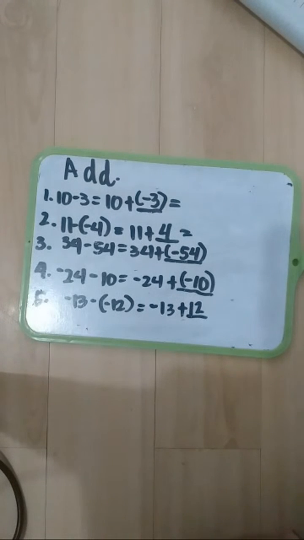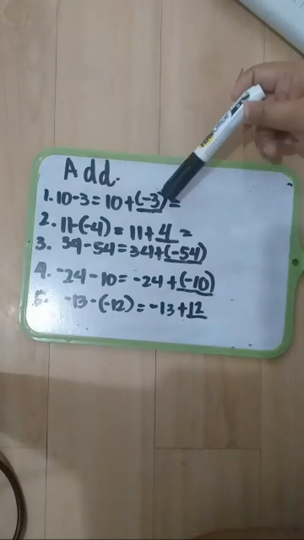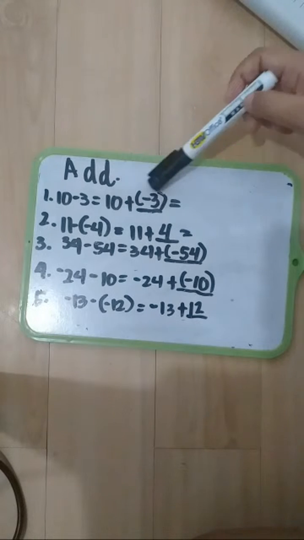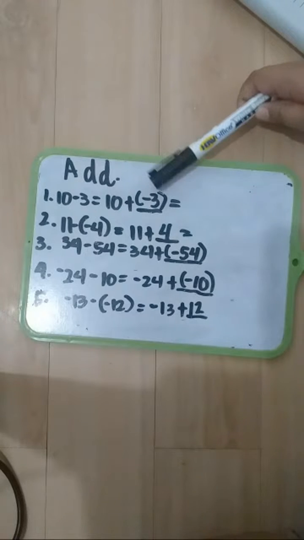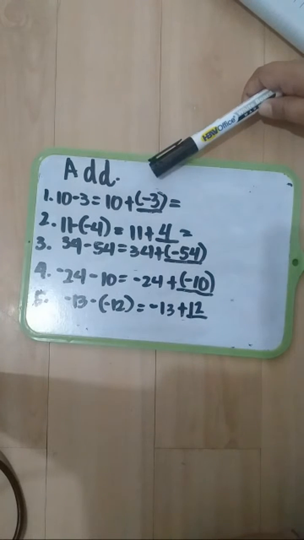Number 1, anong answer natin dito? 10 plus negative 3. Ang clue dito, different sign sila. Kung different sign, you have to follow the sign of the larger absolute value. So, dito, ang mas mataas ang absolute value ay positive 10. Tama ba? Kasi ang absolute value ng negative 3 ay 3 lang.